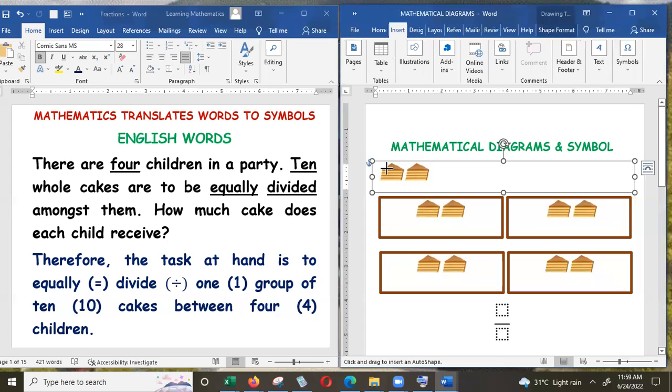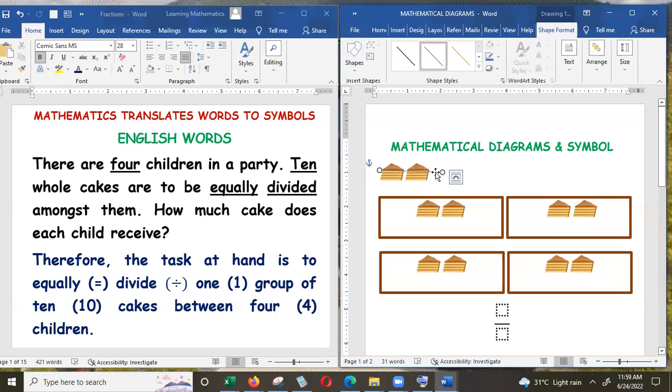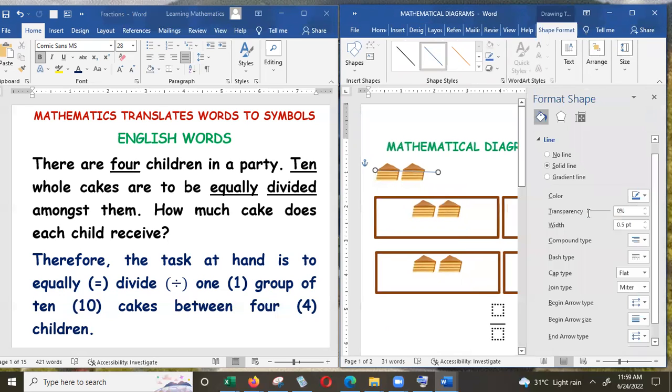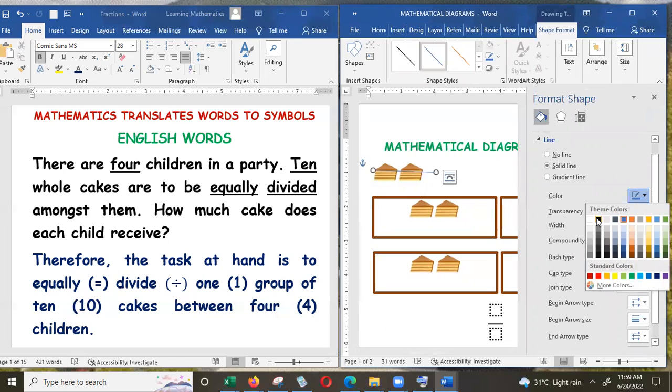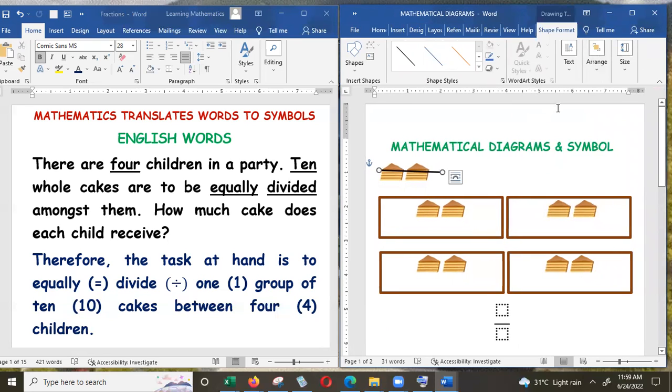So I'm going to get a line and I'm just going to draw it across. Let me darken this line there. It's like a knife slicing those 2 cakes. As you can see, it's very difficult to get them equally sliced like that.